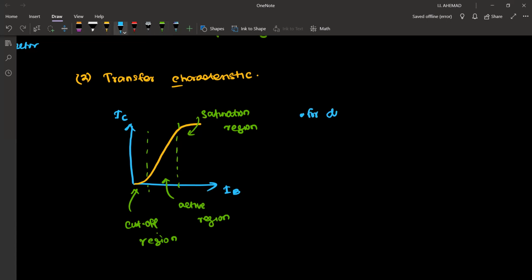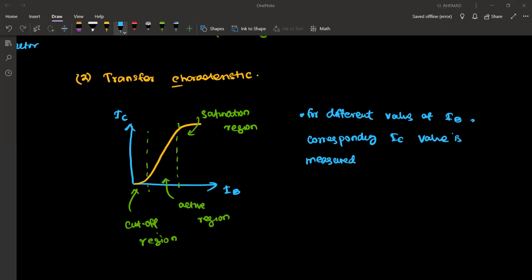For different values of IB, the corresponding IC value is measured and IC versus IB is plotted.